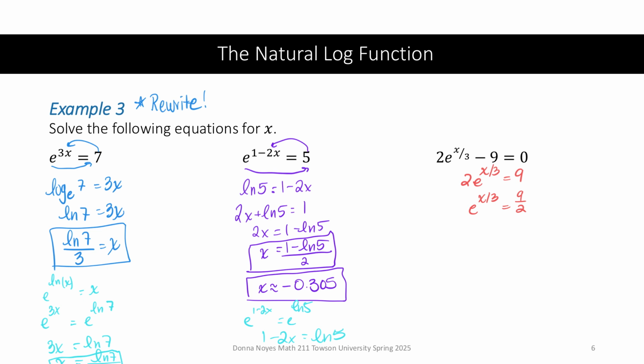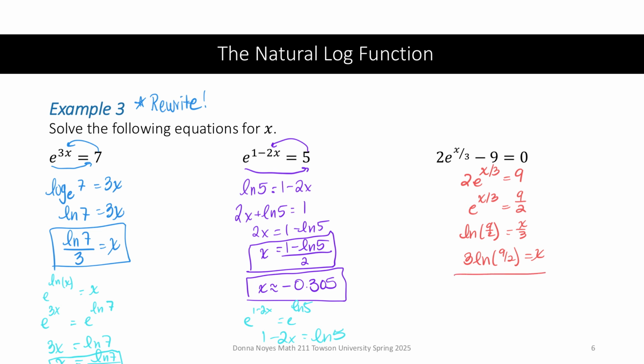Okay? So if we rewrite this one, we know that the natural log of 9 halves is equal to x over 3. So we're just going to multiply both sides by 3, and we end up with 3 times the natural log of 9 halves is equal to x.